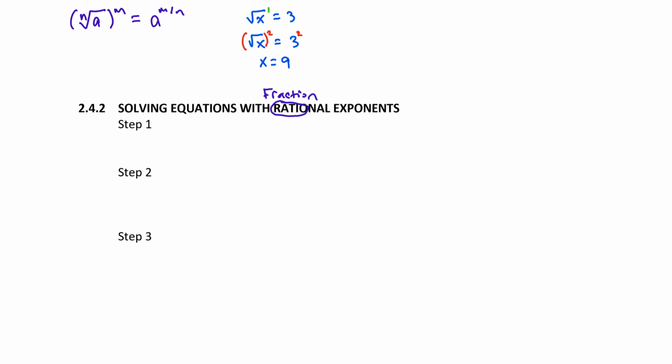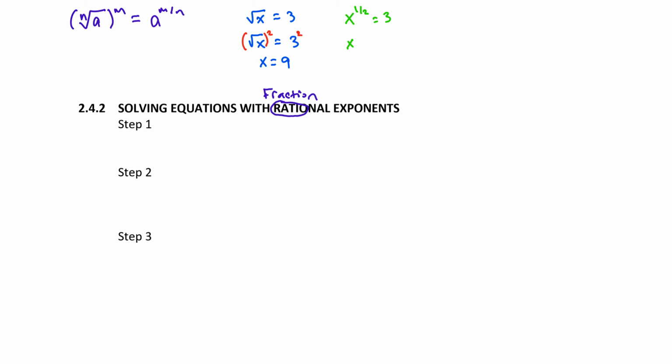Also, there's no outside exponent listed, so I can assume it is 1. So I can write this equation as x to the 1/2 equals 3. The index of the radical, which is 2, is now the denominator of my rational exponent, and the outside exponent is now the numerator of my rational exponent. So the equation square root of x equals 3 is the same as the equation x to the 1/2 equals 3. They're just written with different notation.